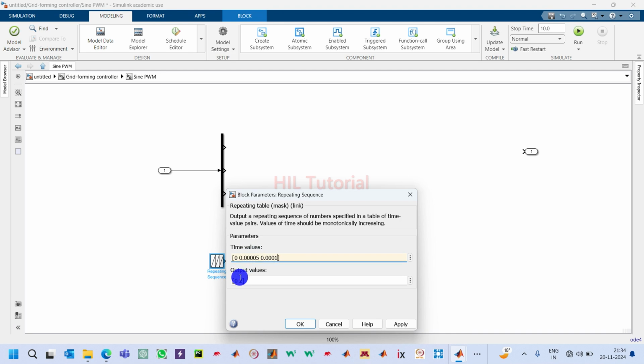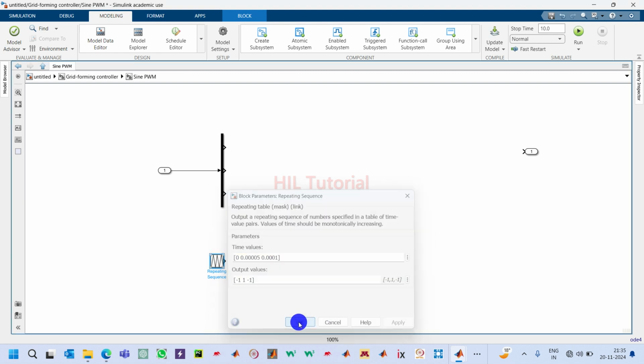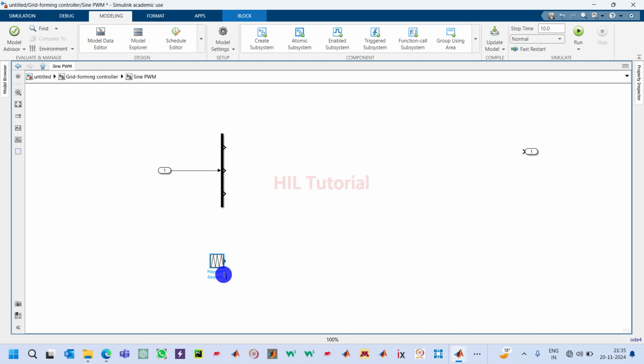We are creating this for a 10 kilohertz switching frequency, and the output values will be -1, then 1, -1. Now apply. So you can see the carrier signal is ready.